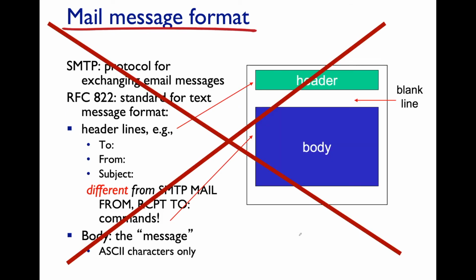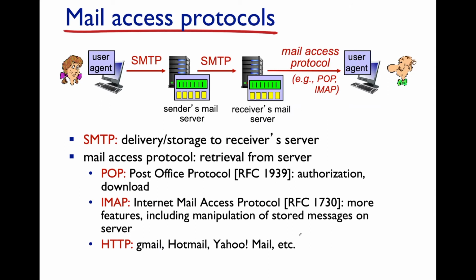All right, so we're not going to talk about the message format, but let's look at the so-called mail access protocol. Now that corresponds to how the user agent interacts with the email server to which it is attached, where the respective user's account lives. And so SMTP delivers the message to the user's mailbox, but then how does the user interface with his or her mailbox?